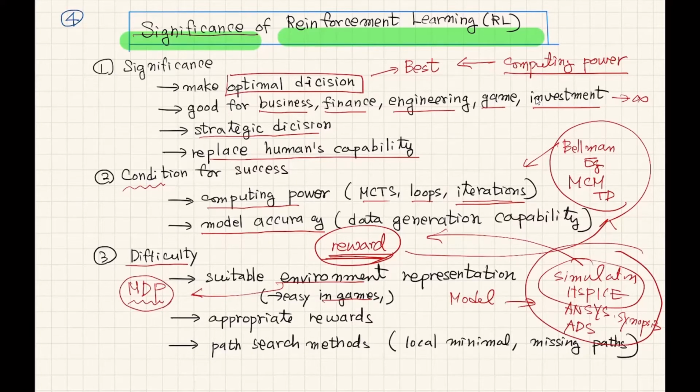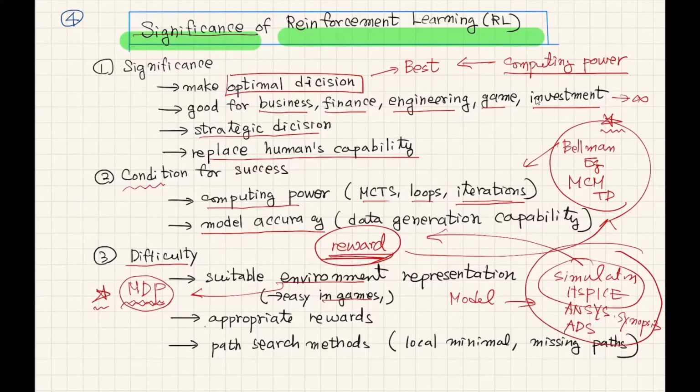Or you can change your environment, simulation or real environment, to be a Markov decision process. So today's lecture will be focused on what a Markov decision process is, and in order to solve this best optimal decision, we're going to use the Bellman equation, Monte Carlo method and temporal difference method. These will be the key focus of our class today and next time.